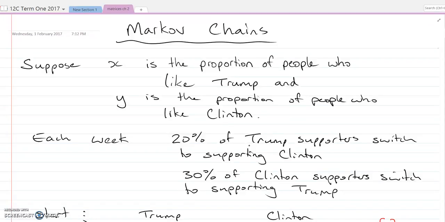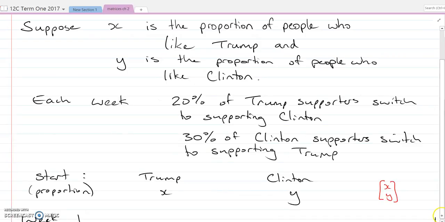That seems like what's going to happen. But what we've got to find out is what's going to happen at the end of all this. Is Trump going to have all the supporters, or is it going to level off? So that's what we're going to look at, and we're going to figure out also how we can use matrices with this problem.